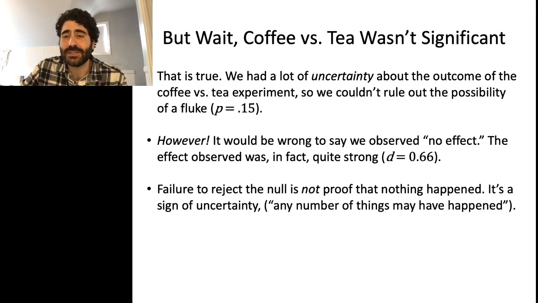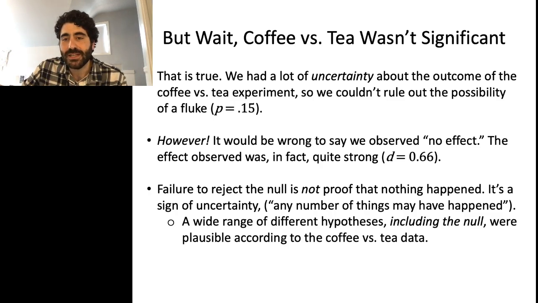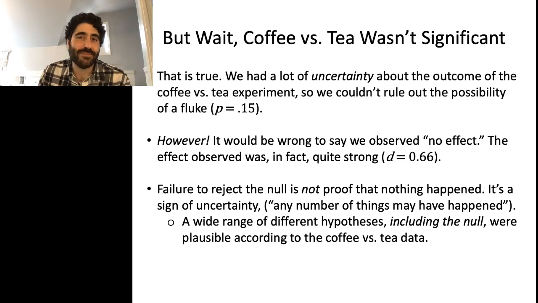When we fail to reject the null, it's not proof that the null is true. It's just saying we don't have enough certainty in this data to definitively say the null is false. What we're saying is that we're not sure what generated this data. It might have been the null, it might have been something else.